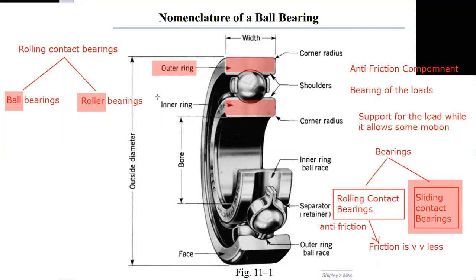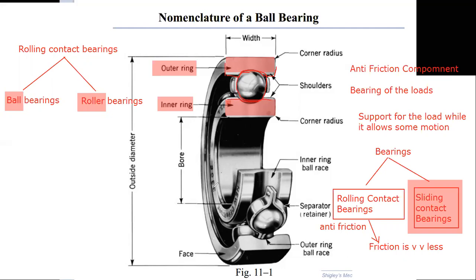So this is the inner ring, and then there is this separator or retainer, or there are these grooves where these balls sit. तो अगर आप यहाँ पे देखें तो ये groove, ठीक है जी, and we make these grooves in the inner ring and the outer ring so that the ball can be accommodated in there.